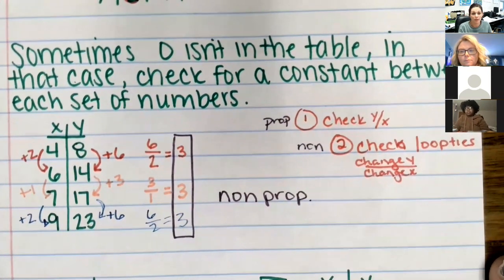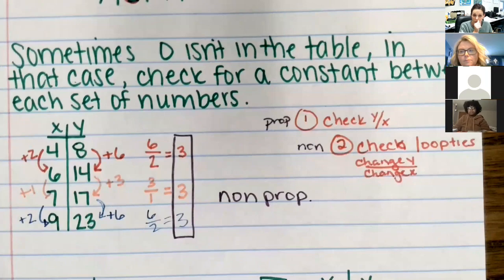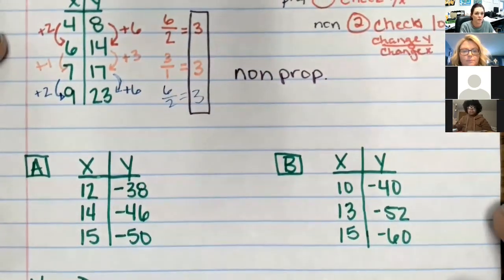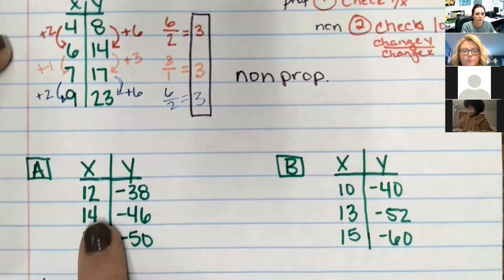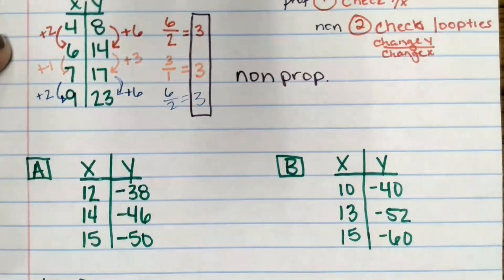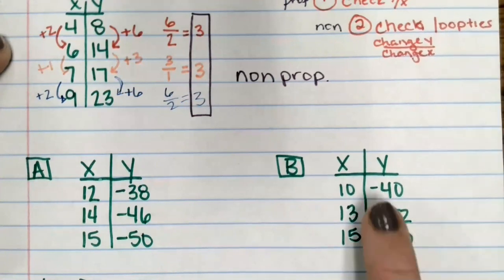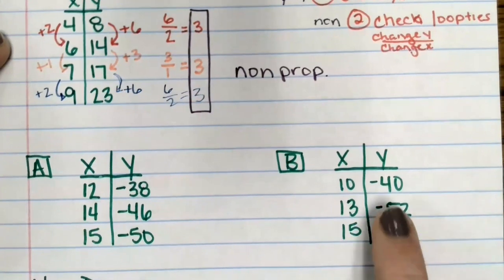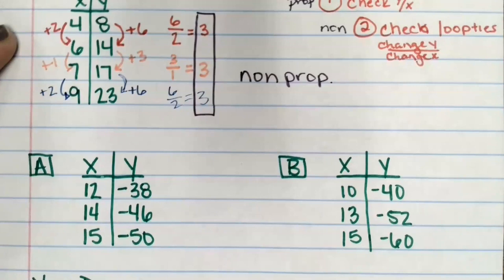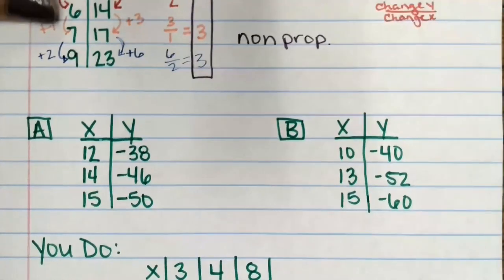And you're going to have to tell me which and why, all right? All right, so here are your 2 other tables to go ahead and write down. So we have 12, 14, 15, negative 38, negative 46, and negative 50. And then we have 10, 13, 15, negative 40, negative 52, and negative 60.